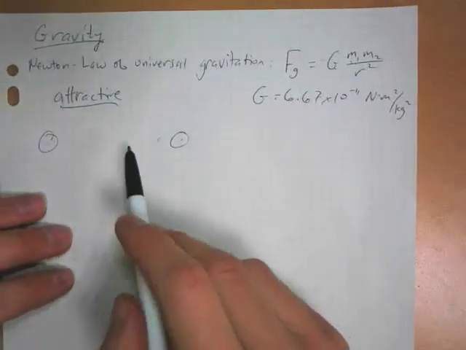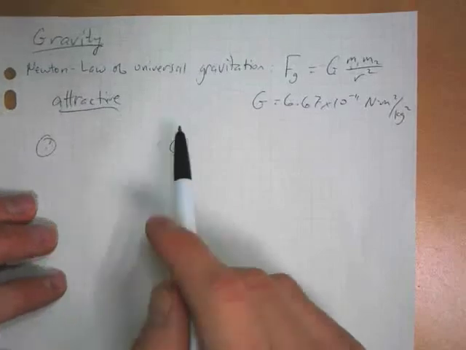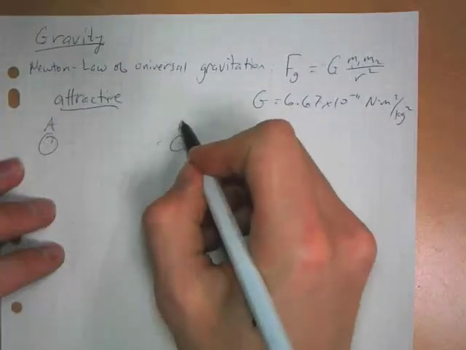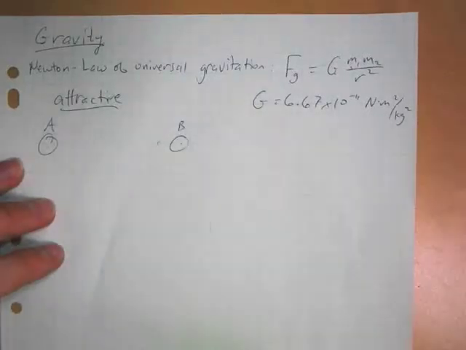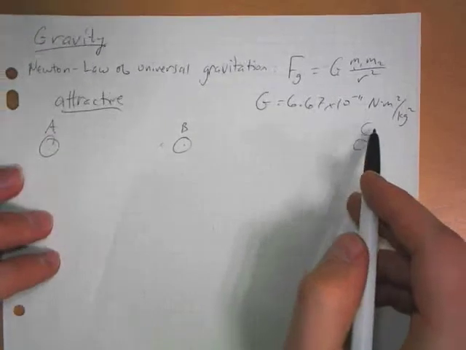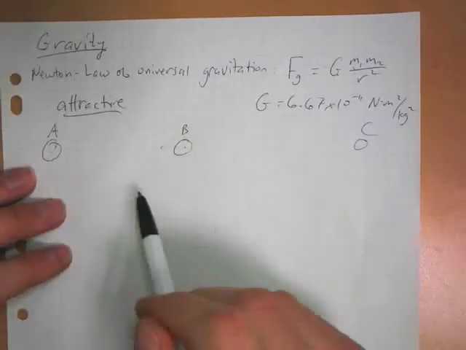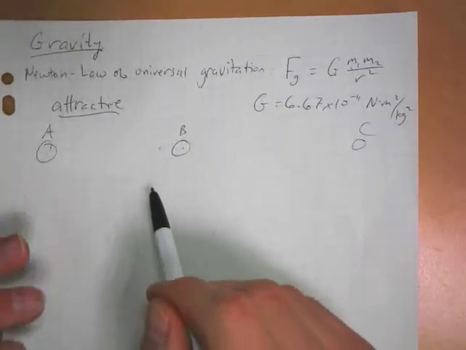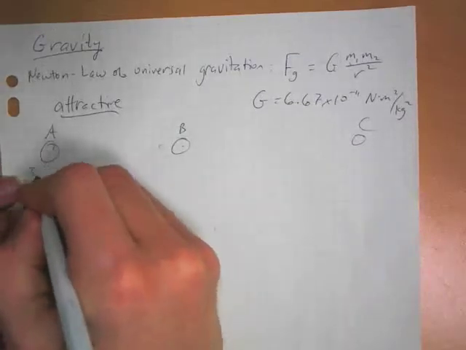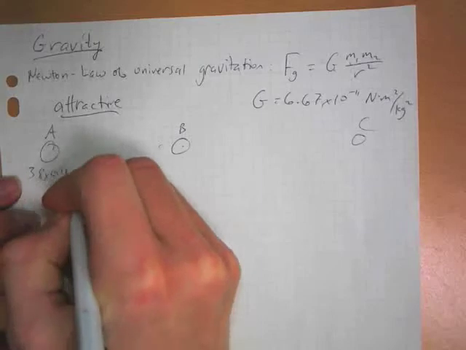So, for example, let's say we have three asteroids, A, B, and C, sitting in a line right here. They're far away from anything else, so they're only exerting force on each other. Let's say A has a mass of 3.8 times 10 to the 5th kilograms.